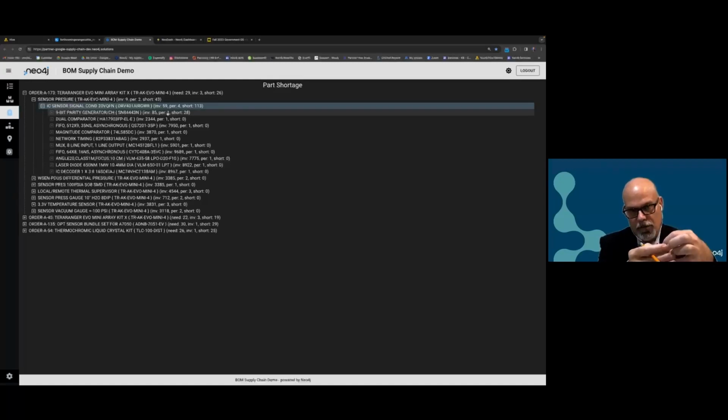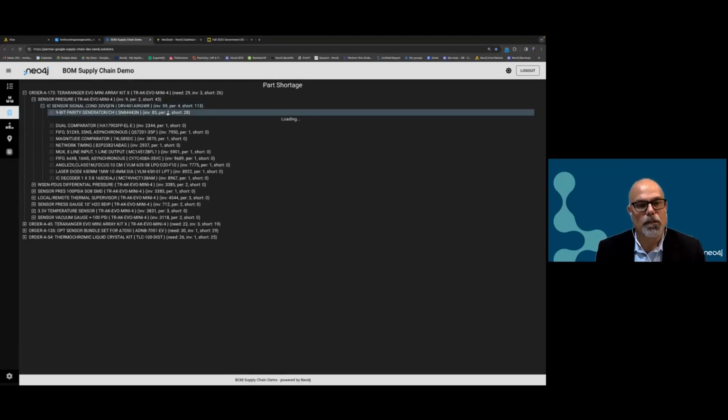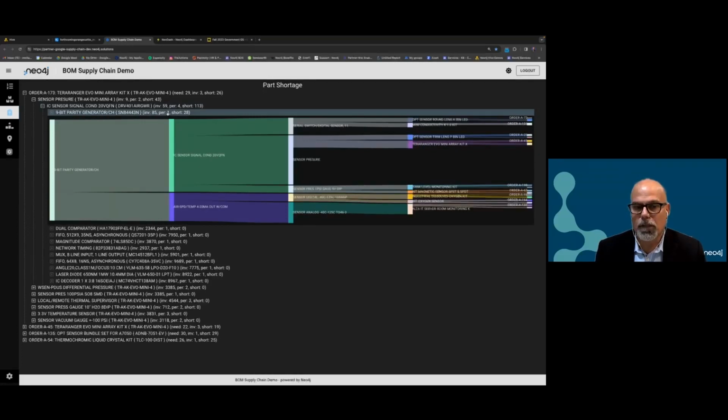And so we've walked from the L1 part all the way down to the L4. Now, if we click on this, we can do a really interesting analysis. Obviously, this part is essential to this particular order. But guess what? We can also walk from that leaf level element in the graph all the way up to other orders that shortage is affecting.